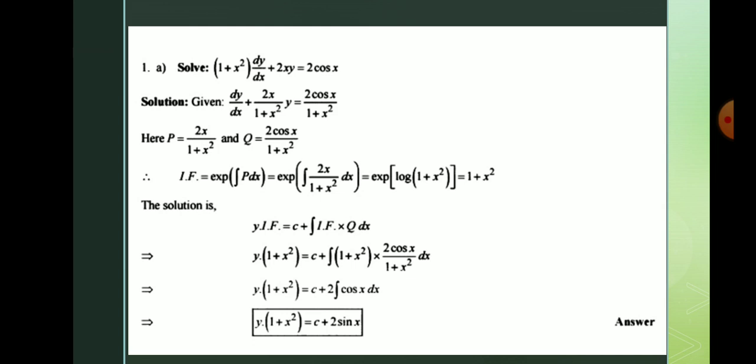Now we know that the integral of cos x is sin x. So the result of this problem is y(1 + x^2) = c + 2 sin x.